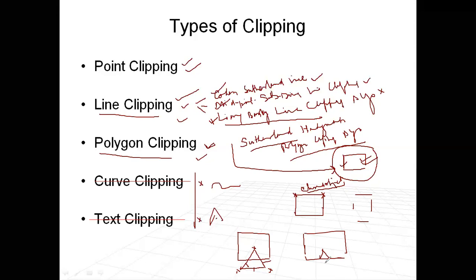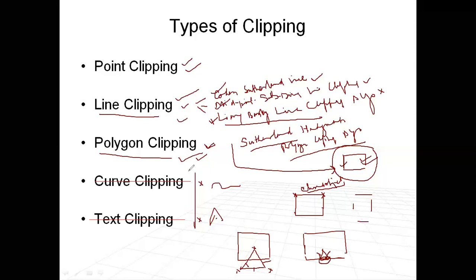Okay, so to be a closed object, you must have this edge too within your clipping. If you do not have this, you cannot fill it up. But the line clipping algorithm will not allow you to get this line across the edge. So this can only be achieved using the polygon clipping algorithm.